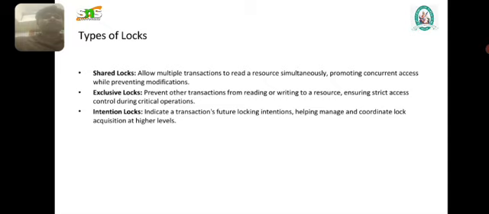Next is the types of locks. There are three types of locks: shared locks, exclusive locks, and intention locks. Shared locks allow multiple transactions to read resources simultaneously, preventing modification by others. Next, exclusive locks prevent both reading and writing of the resource, ensuring strict access control during critical operations.